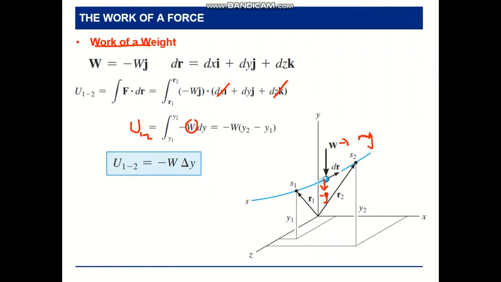So it's given as minus w delta y, which is basically the potential energy. Because w is mg, and delta y from that point to that point is h, mgh is going to be our potential energy, which is the same thing as representing this form of energy.